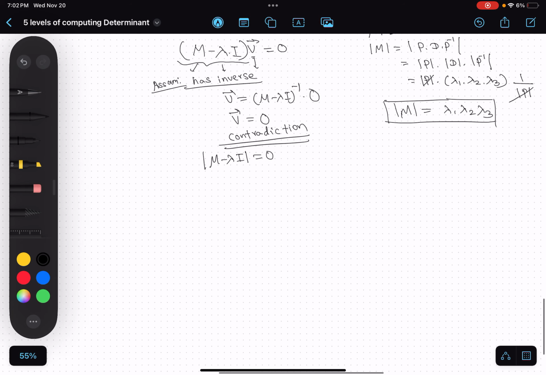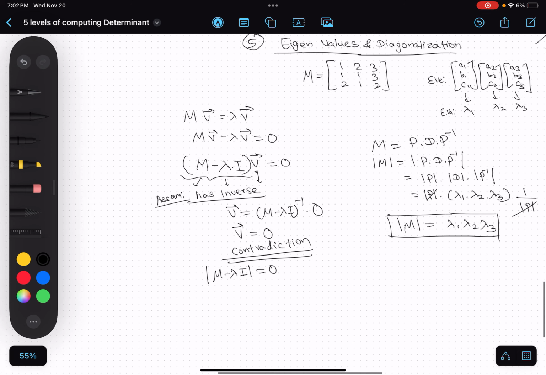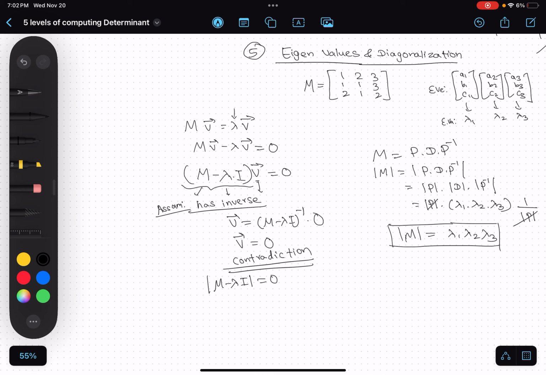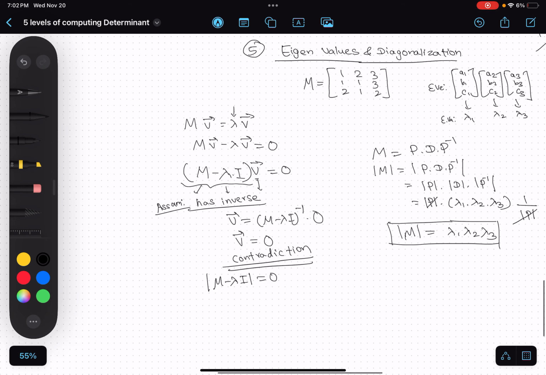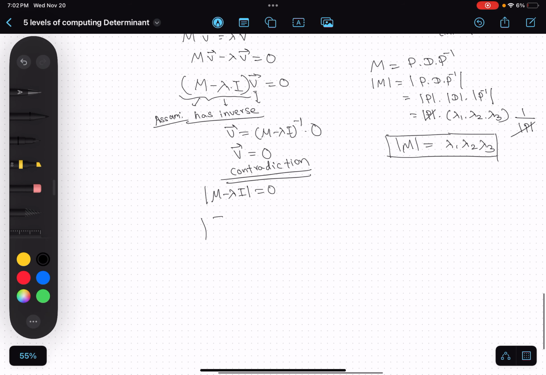Now this condition will help us find the lambdas. These lambdas are our eigenvalues, and we will just find their product. So there will be three different values of lambda: lambda 1, lambda 2, lambda 3. Now our matrix is 1 1 2, 2 1 1, 3 3 2, minus lambda times I, which basically means the unit matrix 1 0 0, 0 1 0, 0 0 1, right?